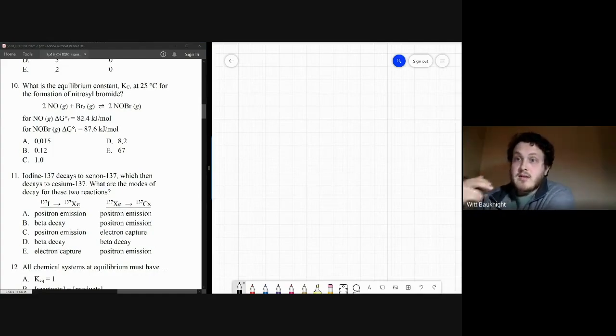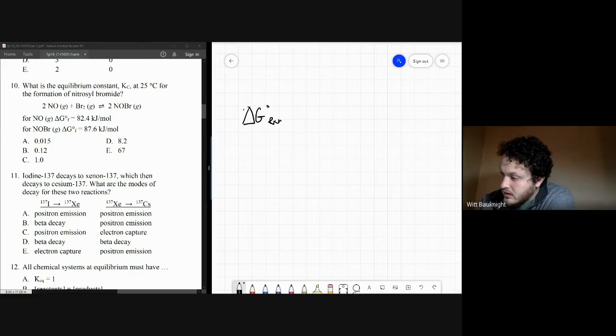So in order to relate delta G and Kc, we're given the formula, delta G standard of the reaction is equal to negative RT ln Kc.